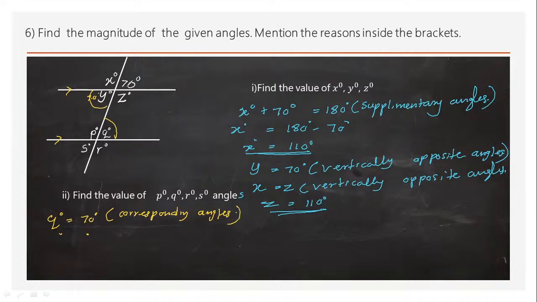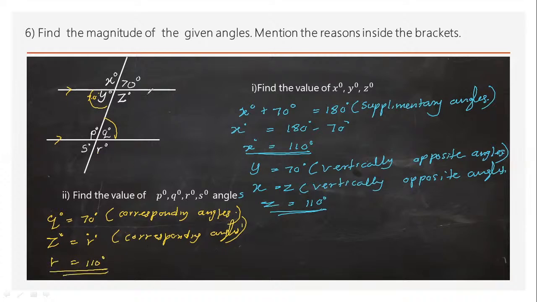We got the q, then we can get the value for r. z equals r, corresponding. We got the value for z in the previous part, then r equals 110.